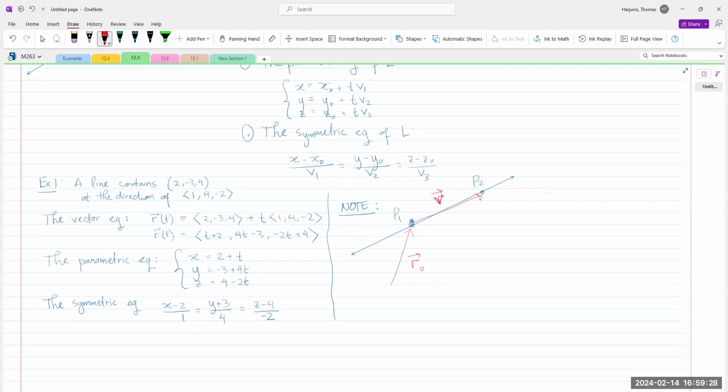So we can say in this case r(t), our vector equation of the line, will be r0 plus t v, but the v is actually coming from r1 minus r0, if this is our r1 and this is our origin.